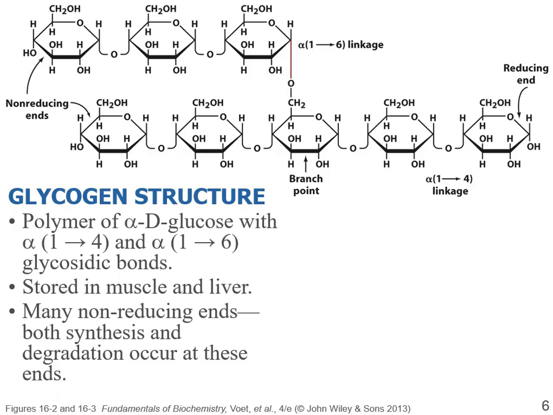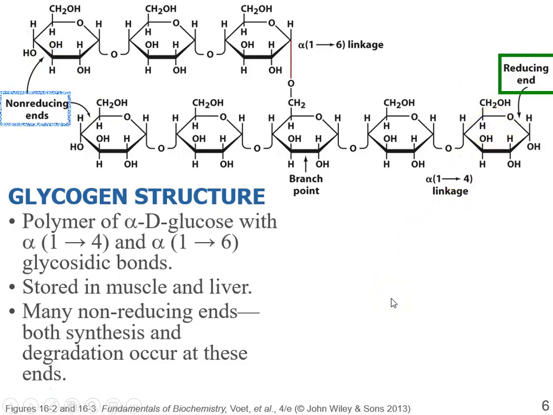So let's review our glycogen structure. Remember, it's a polymer of alpha D glucose. We have our alpha 1,4 glycosidic bonds here and our alpha 1,6 glycosidic bonds here. So we have our branch points. And again, glycogen is stored in the muscle and in the liver. Remember when we talked about glycogen structure, we talked about reducing and non-reducing ends. Our non-reducing ends are here. We only have one reducing end.